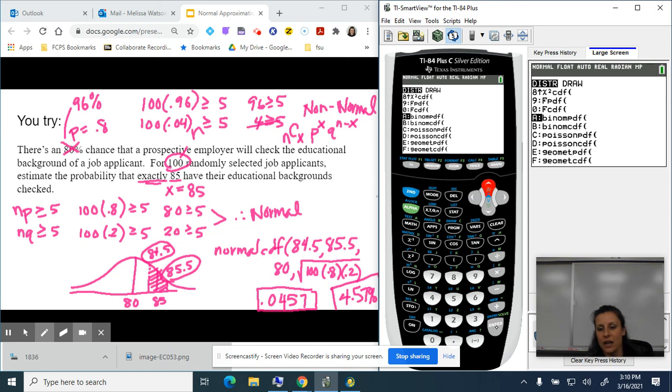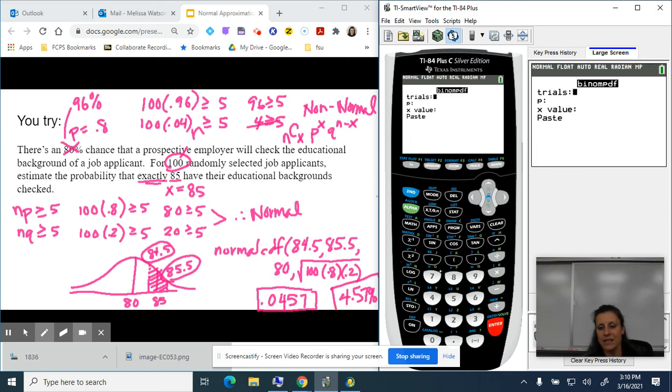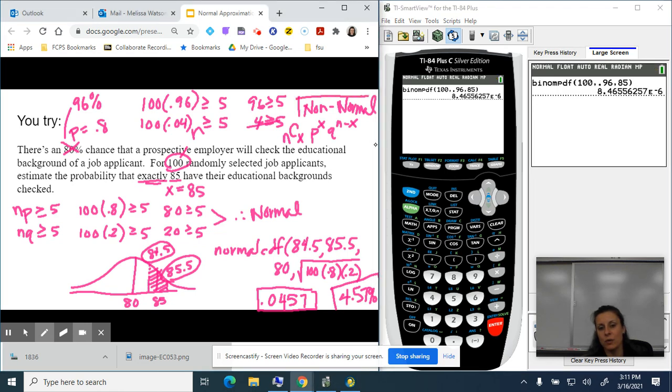And we have to tell the calculator N, P, and X. So N is 100. The probability, remember I changed it to 0.96. And then for the X value, I want exactly 85. And that's how I would find that probability, since I could not use the normal curve to approximate it, since it violated the N times P and N times Q check.